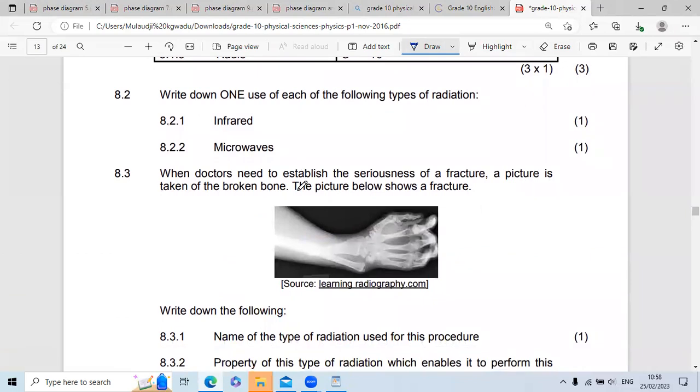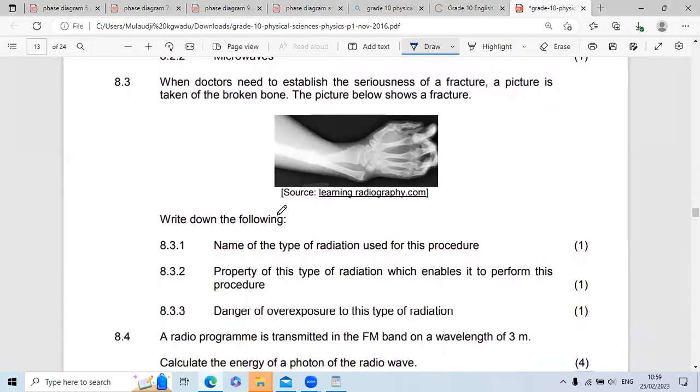So they say write down one use of each of the following types of radiation. I'm pretty sure I did explain to you what infrared rays are for and what microwaves are for. So I think we can just skip this one, right? Yeah.